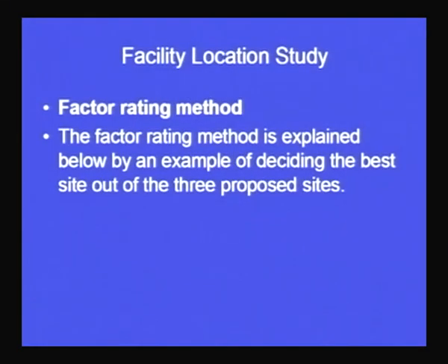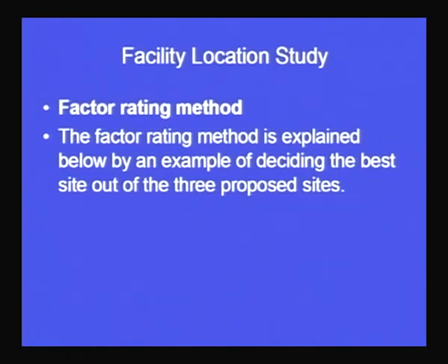Now, we can take a study regarding the facility location, that is, how to make a judicious decision regarding the location of a facility. The factor rating method is one of the methods used for making a decision when we have a choice among different locations. Suppose we have a choice that we can set up our facility in 5 different locations.